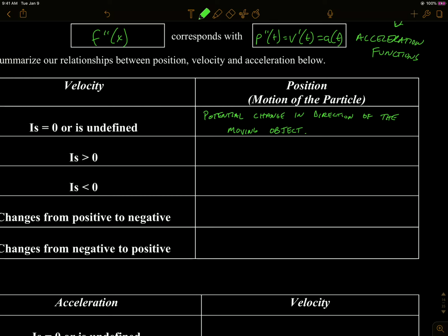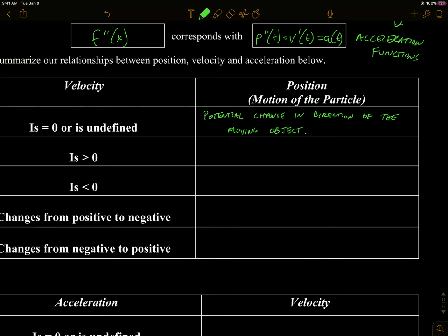That's because the position reaches a local maximum or minimum. So remember, we're moving only horizontally. So that means it's gone as far left as it's going to go for that little moment in time, because we're just talking about a relative extrema. When the velocity is 0, it stopped moving, and that means it may turn back around and go the other way.